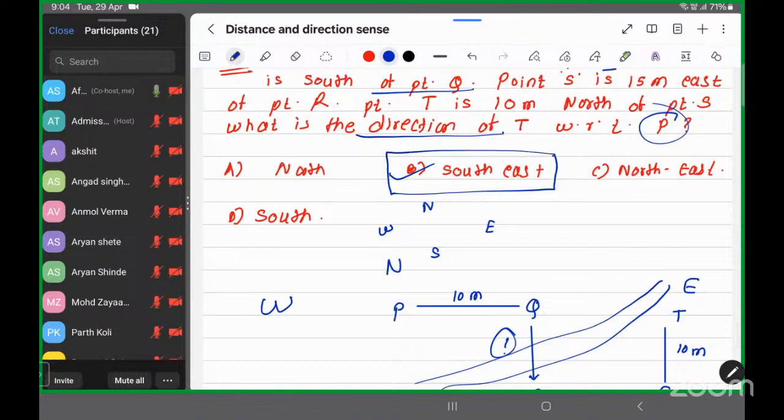So the answer is option B. For any direction sense question, you go for the diagram. After the diagram, you will get the answer easily. Okay. Yes or no?